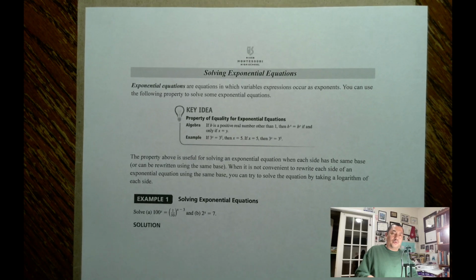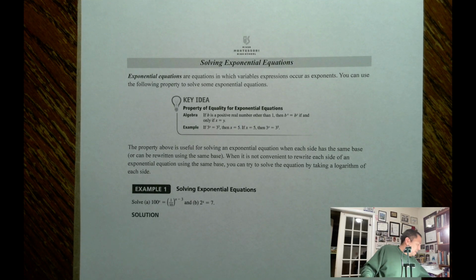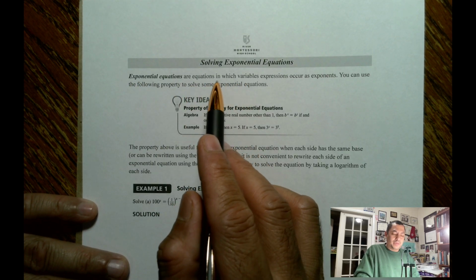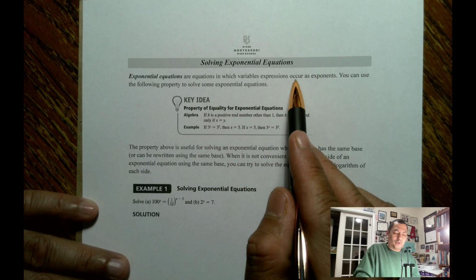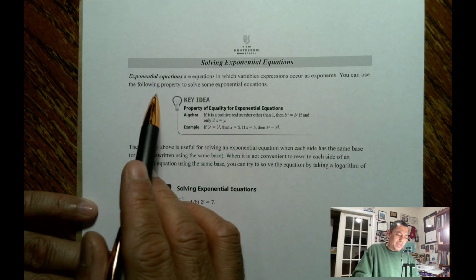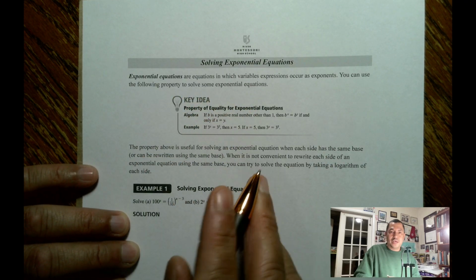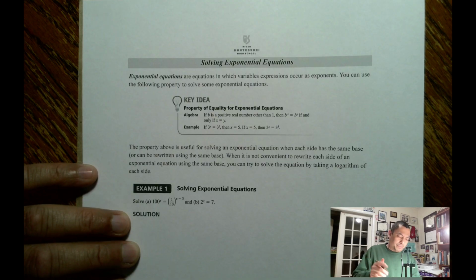So we are going to start with solving exponential equations. Exponential equations are equations in which variable expressions occur as exponents. You can use the following property to solve some exponential equations. So this is what we're going to do.